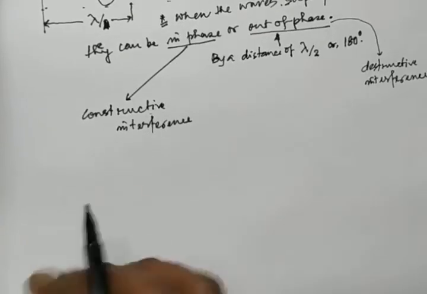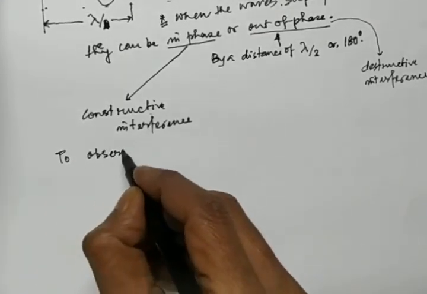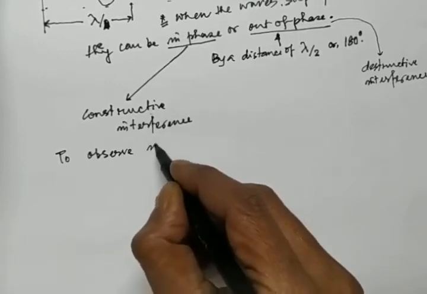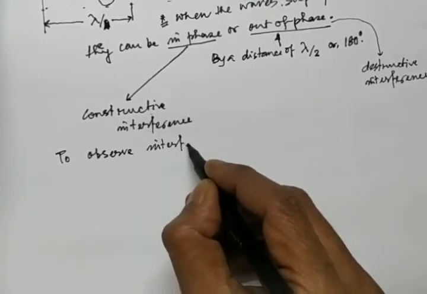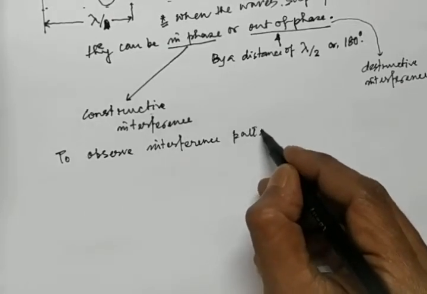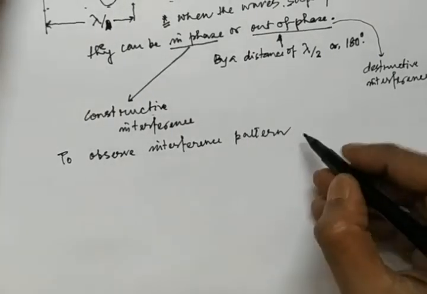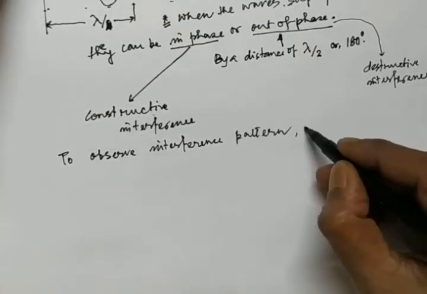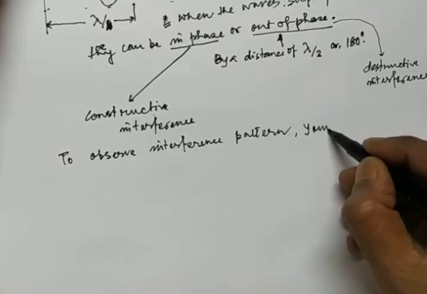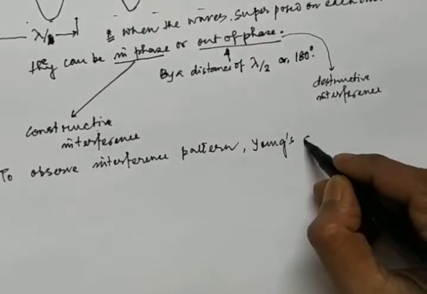Now see, to observe interference pattern, we have to use Young's double slit experiment.